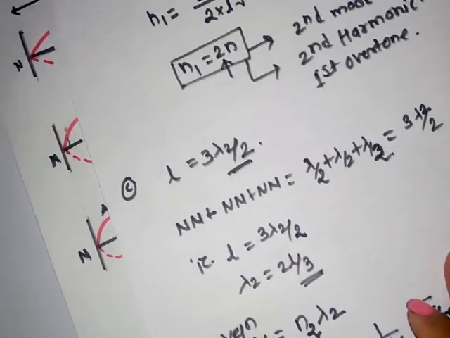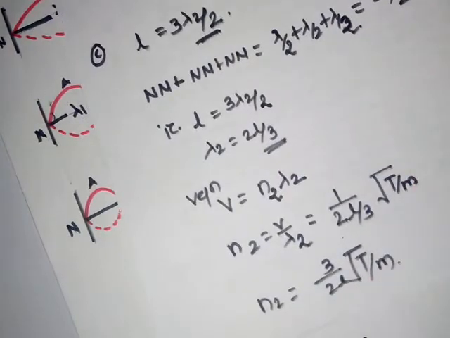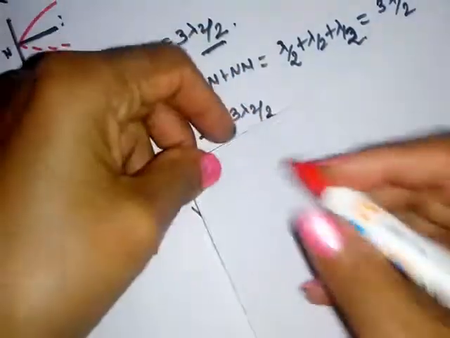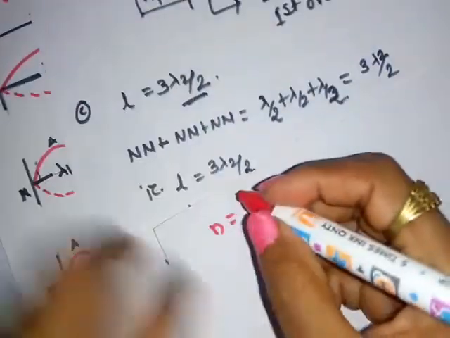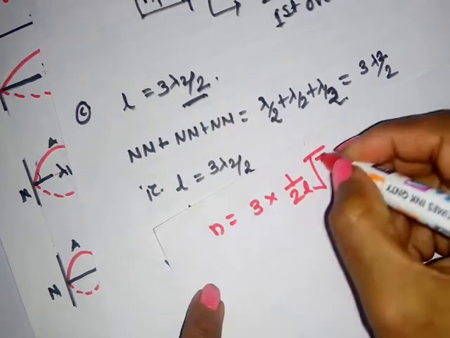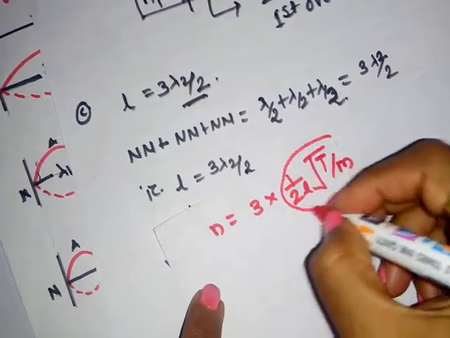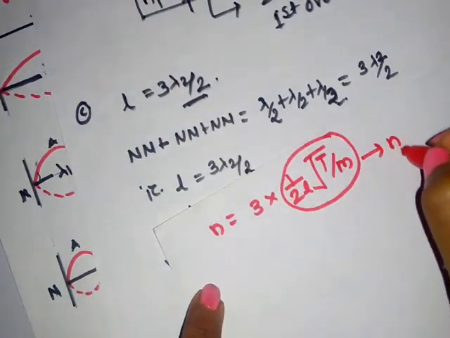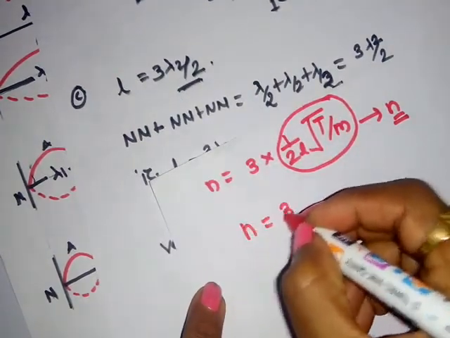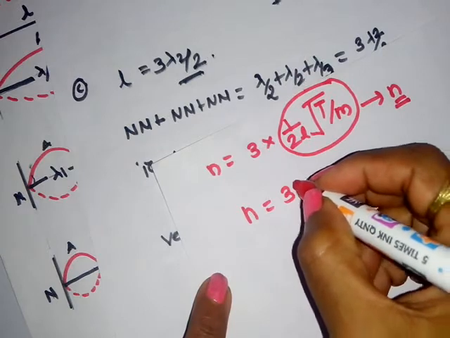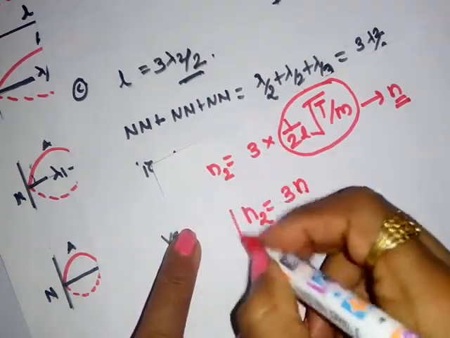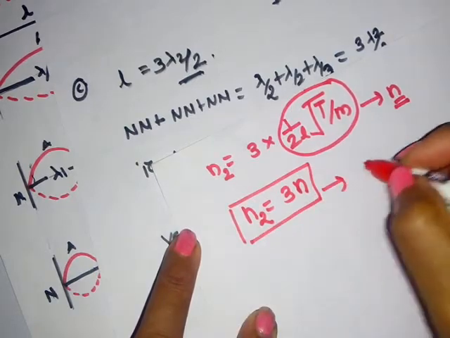Then this equation becomes n2 is equal to 3 into 1 upon 2L under root of T by M. We know very well this represents the fundamental frequency n. Then n2 is equal to 3n, for the third mode of vibration.